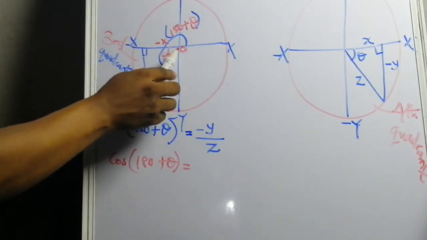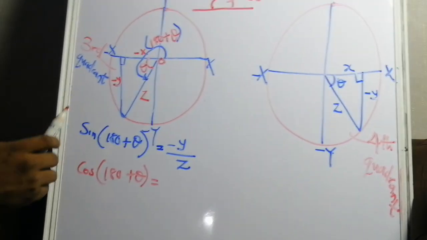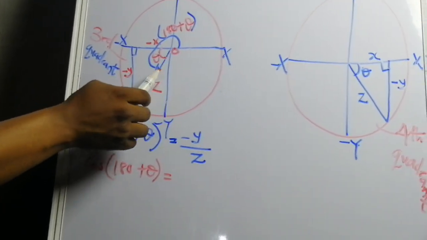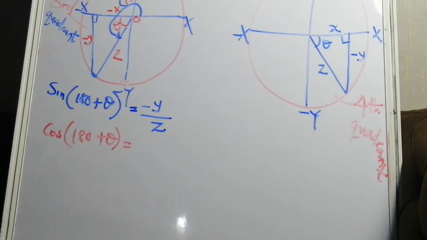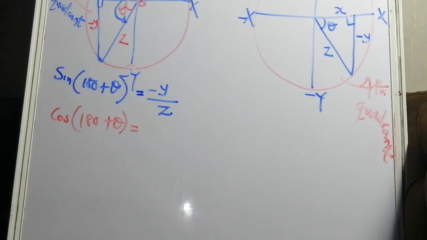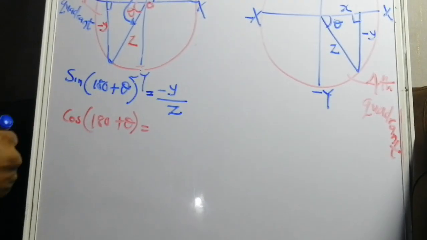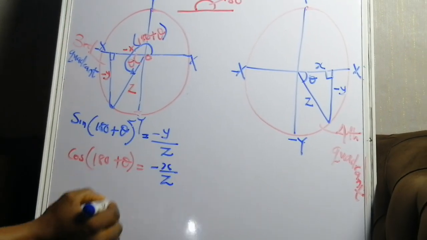Now look at x. X is minus x. Then your y is also minus because it's below the x-axis. This is negative y. I've also shown it here. So you have minus y and minus x. So now from here, your cos will be minus x over z.